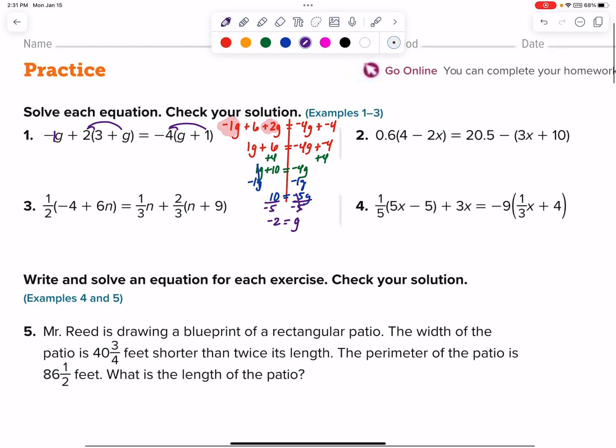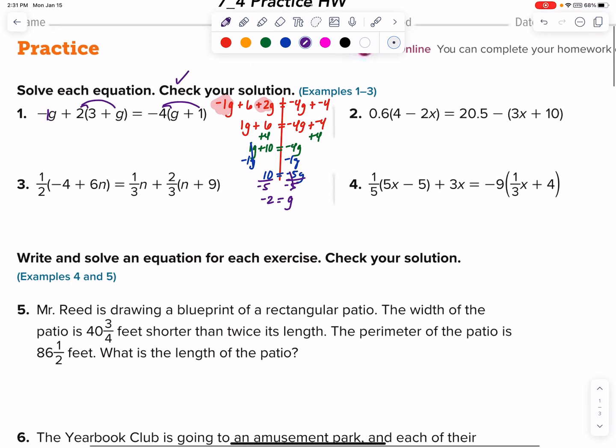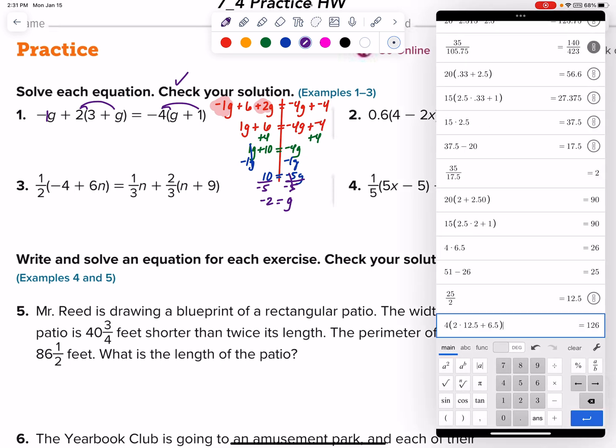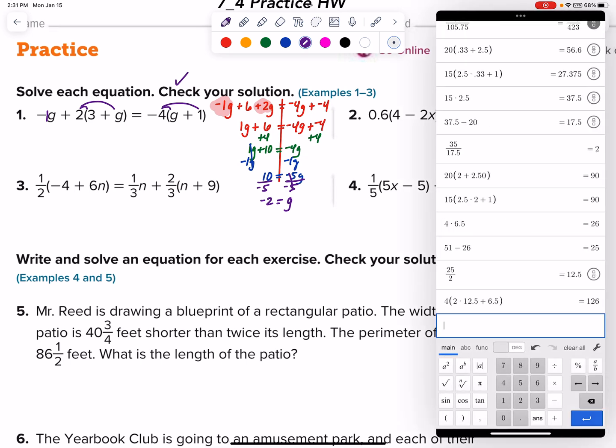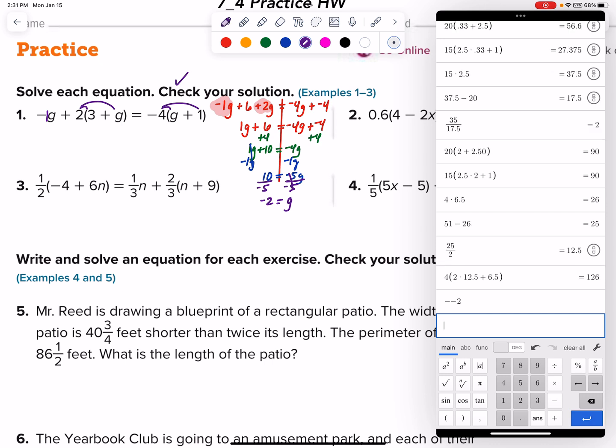Okay, you do have to check your solution, so sorry about that, but you gotta plug it in. So let's go ahead and do that together. I have a -g, so a -2. Okay, it doesn't even like that. -g, so it's a -1 times a -2.